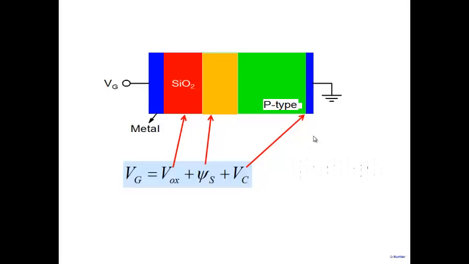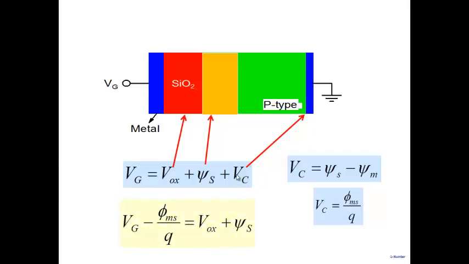The drop across the contact would be equal to the voltage in the semiconductor here minus the voltage of the metal here, psi s minus psi m. And this is equal to what? Phi ms by q. So that's where this is equal to phi ms by q.